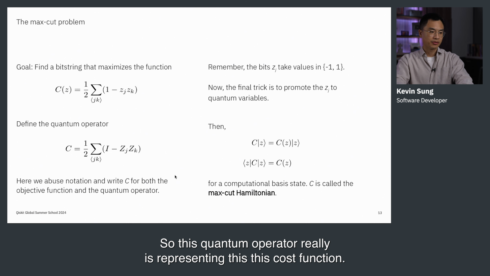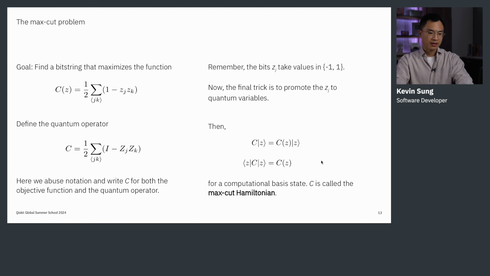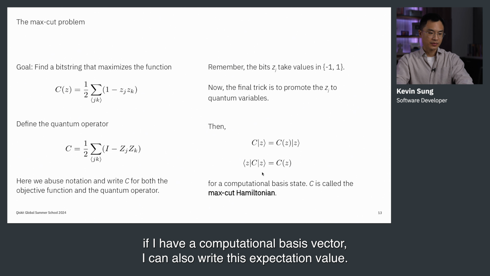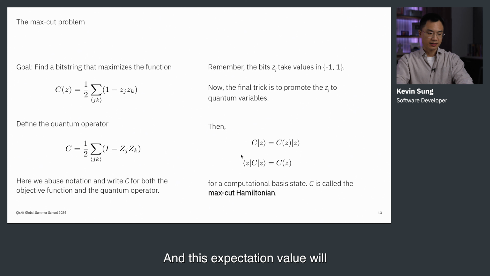So this quantum operator really is representing this cost function. And because of this, if I have a computational basis vector, I can also write this expectation value, and this expectation value will just be the value of the cost function on that bit string.